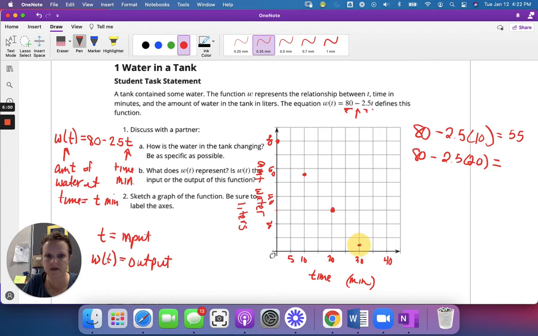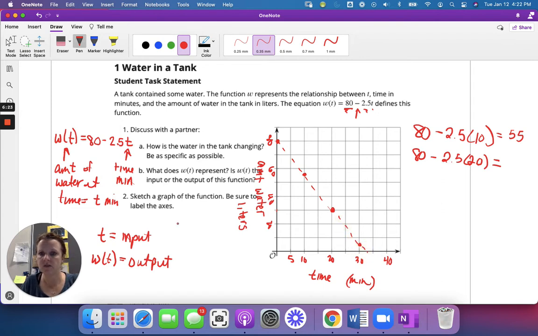So at 30, I'm going to be right here. And how much time does it take to empty it? Okay. I cannot draw straight lines with this. It's just hand drawn on my tablet.